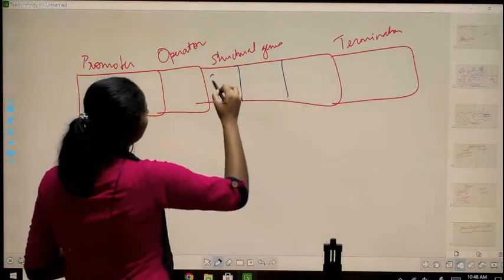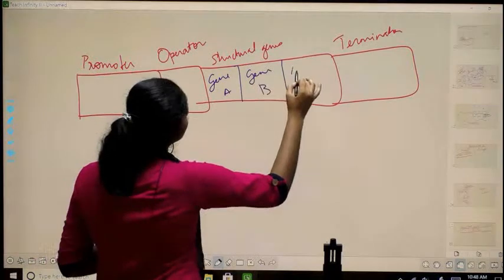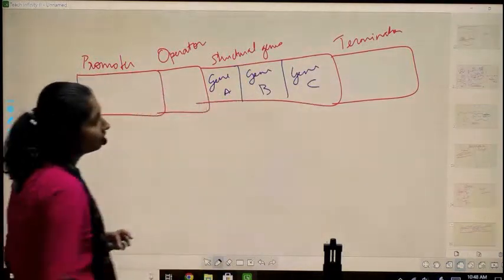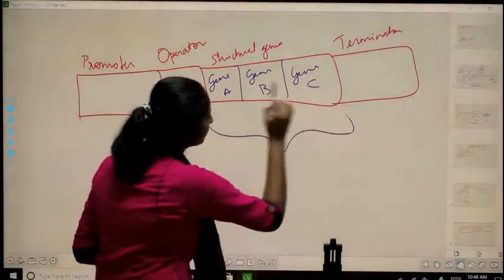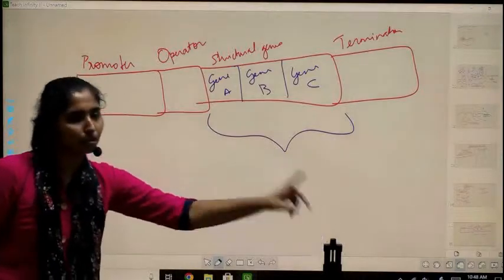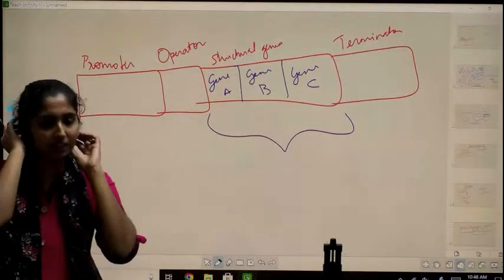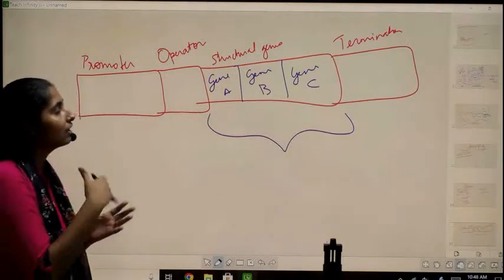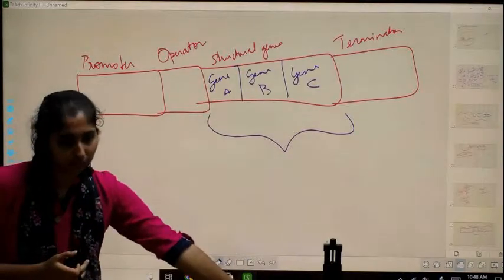There can be gene A, gene B, and gene C. So what we observe is all of these three genes have a common promoter and a common terminator. So all of these genes are regulated as a unit, right? Whereas in eukaryotes, each gene has one promoter and one terminator, right?